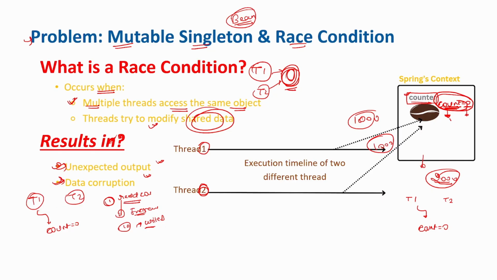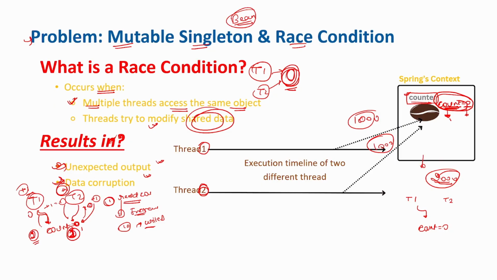Suppose t1 comes and reads the count, which is 0, and t2 also reads the count value, which is 0. It increments the count to 1, t2 also increments the count to 1, and both write back 1 and 1. So t1 incremented the count by 1, t2 also incremented the count by 1, but both happen concurrently at the same time, as a result of which the count is incremented by 1 only, but it should be incremented by 2.